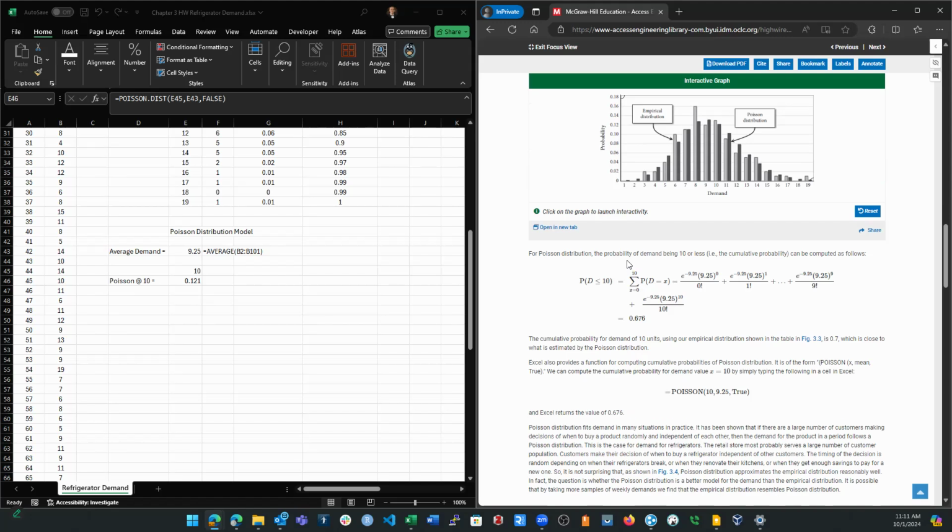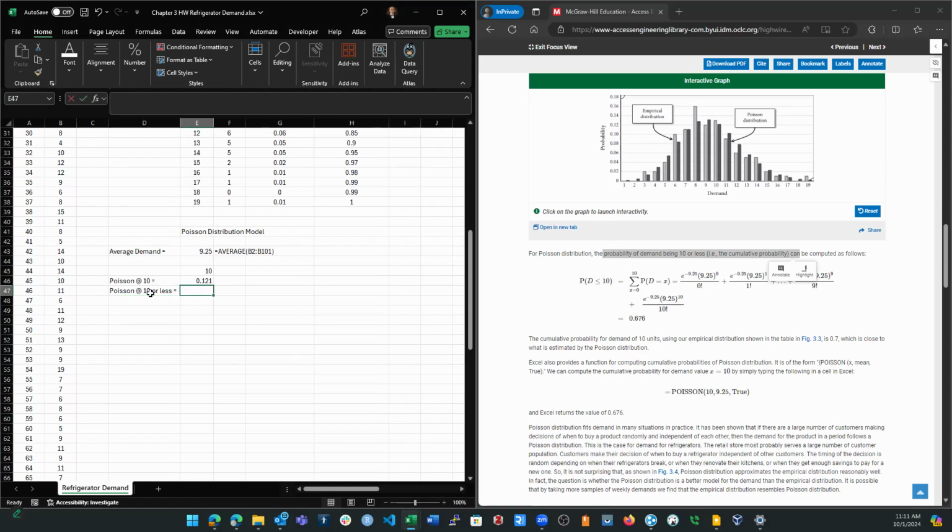Okay, so then they say, let's take this to the next level. Let's look at cumulative, which is asking, what's the probability of demand being 10 or less? How do we compute that? We can use a very similar formula to the one we just used. This is going to be Poisson at 10 or less.